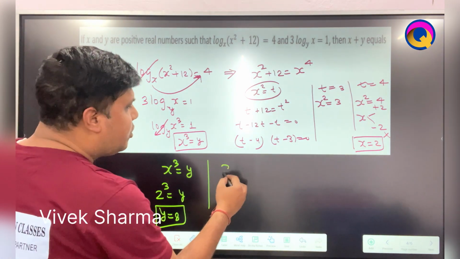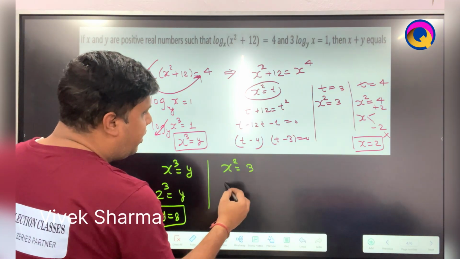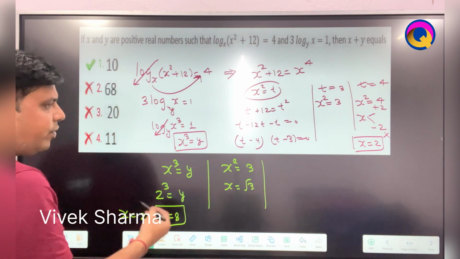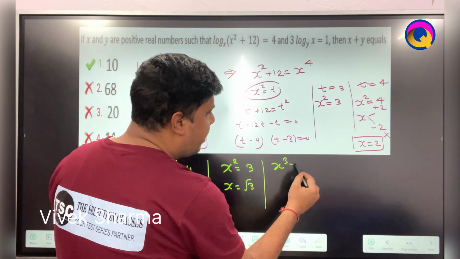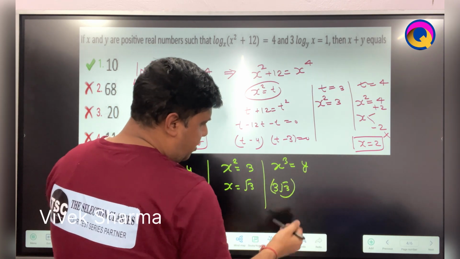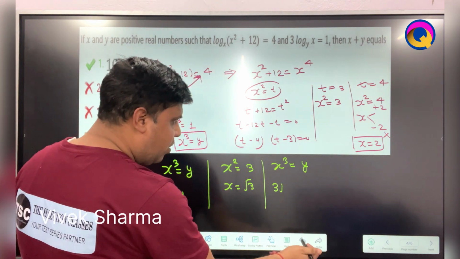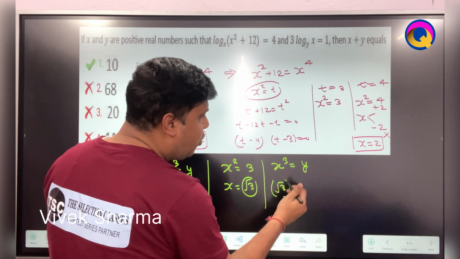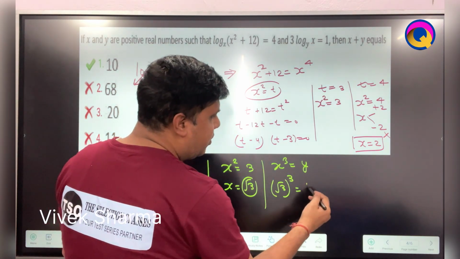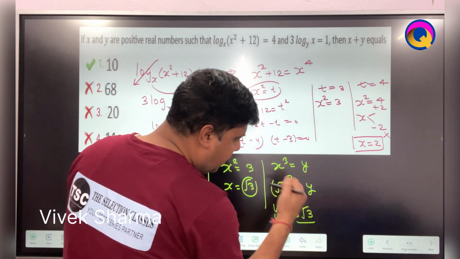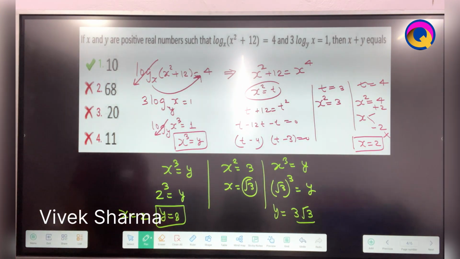If I take x square equals 3, then x would be equal to root 3. Then what would be the value of x cube equals y? So it would be 3 root 3. How come it is 3 root 3? Because I have x equals root 3 and I have to cube it. So y should be equal to 3 root 3.